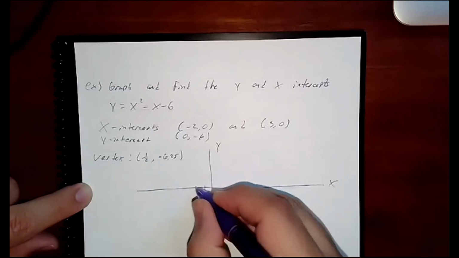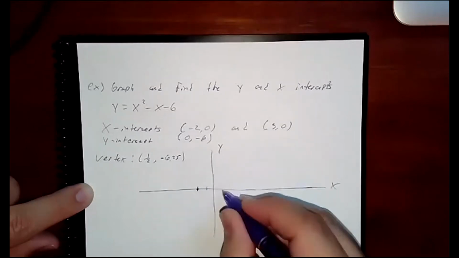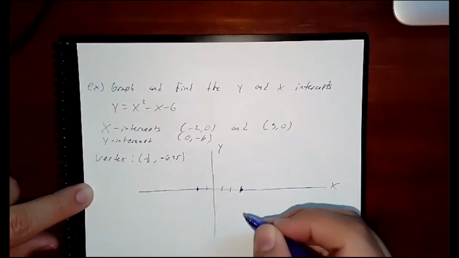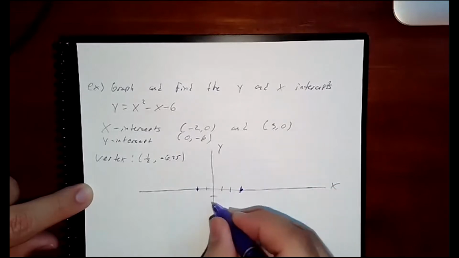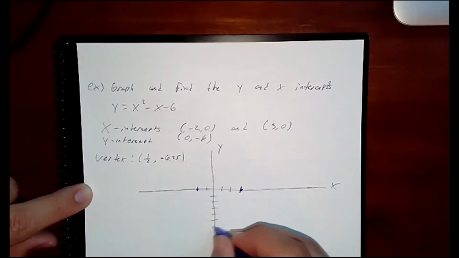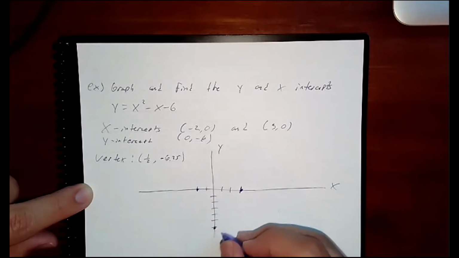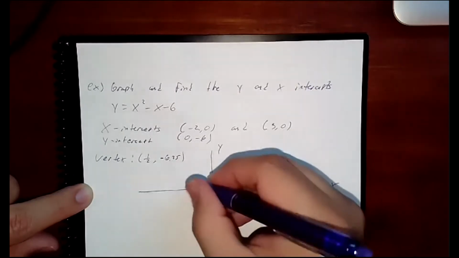So (-2, 0) is right here, (3, 0) there. Y-intercept is right. The other guys are some sketch.